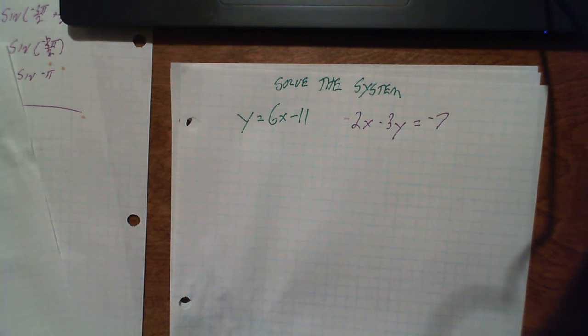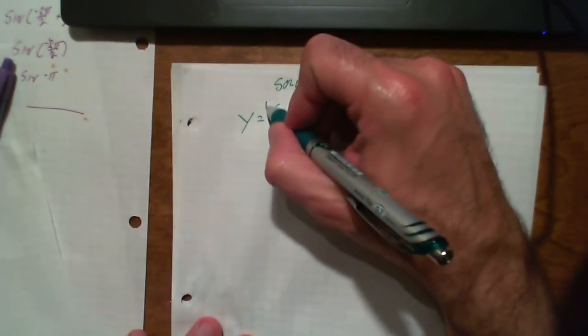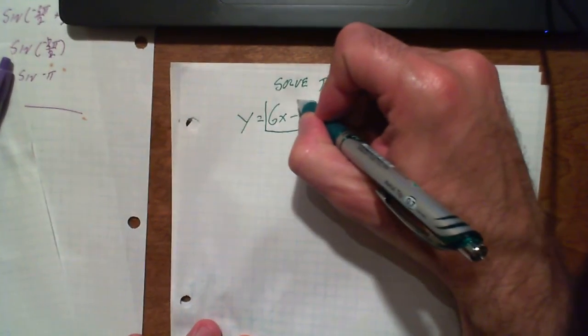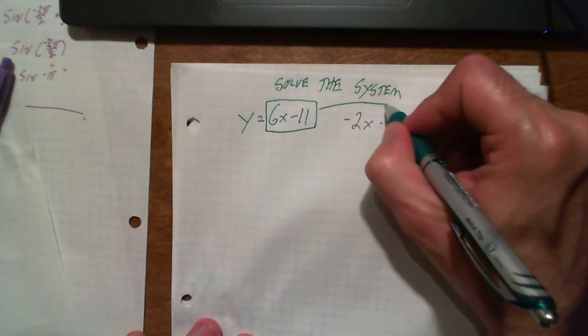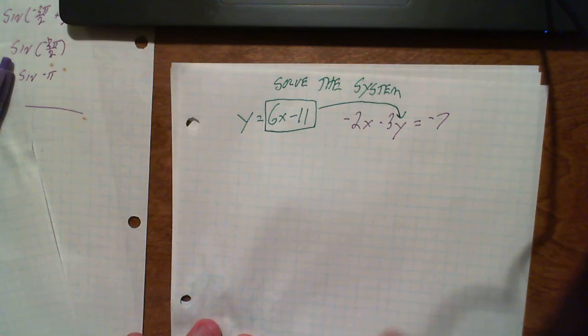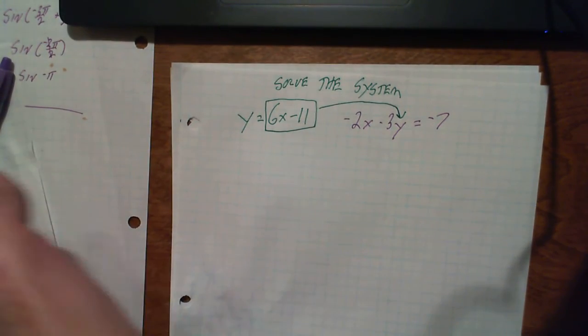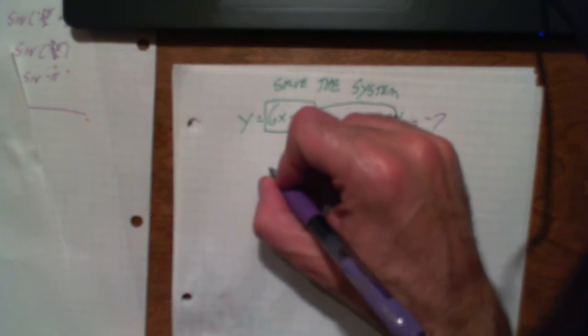Okay, now that you're back, let's see if you got what I got. Y is equal to 6x minus 11. That means, since I have a y here, there's my y, I can replace that with 6x minus 11. So let me rewrite my purple equation.